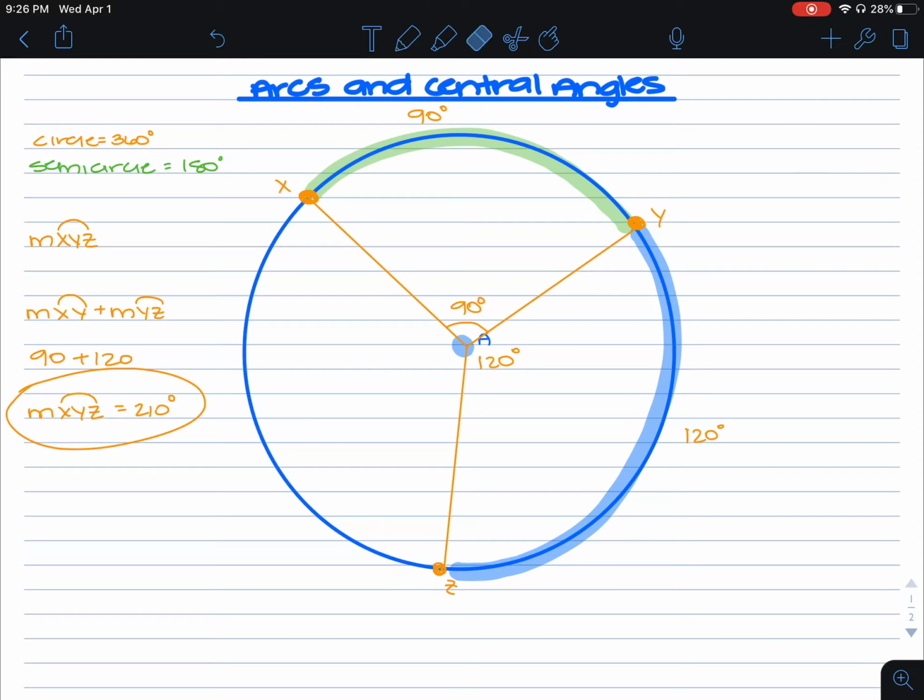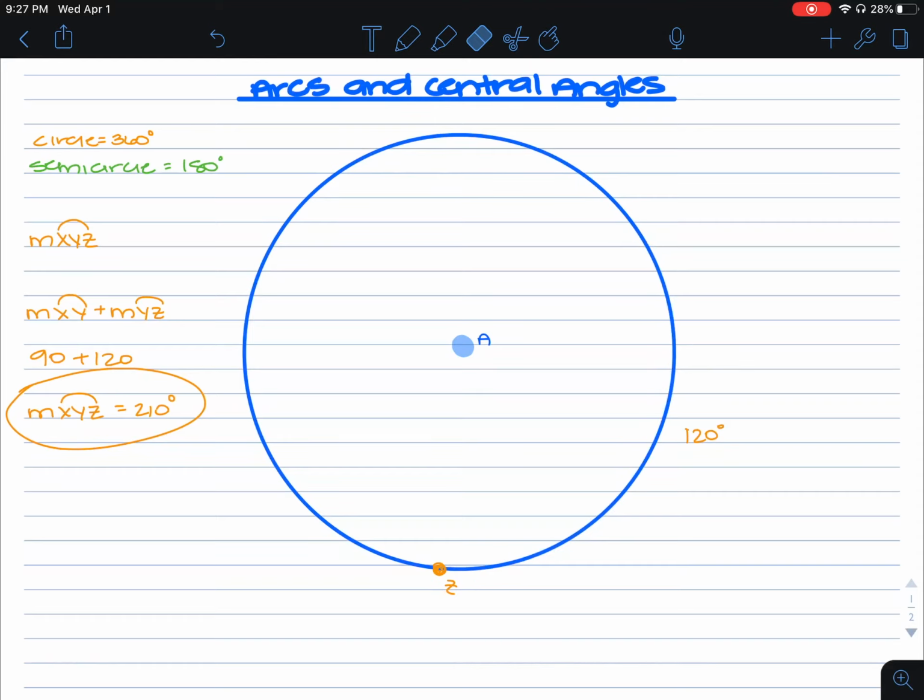Okay, we're going to start with another scenario as well. I'm going to erase all this stuff. We're going to talk about arc length, which is another thing that we talked about. Let's do a bigger eraser. Try not to get rid of my circle here. Okay.